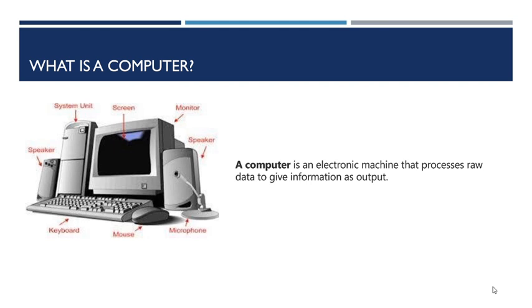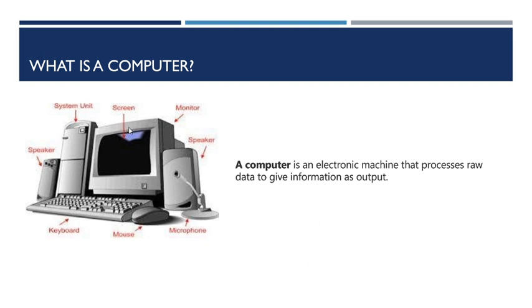So why do you call a computer an electronic machine? Because it works on electronic components and uses electronic energy, isn't it? It uses electricity to operate, and it has so many electronic components like what we see in this picture.